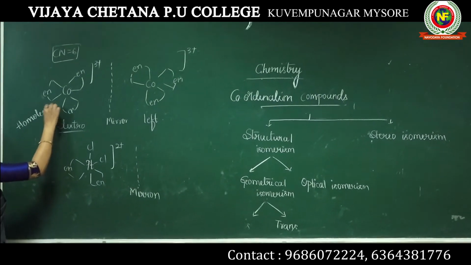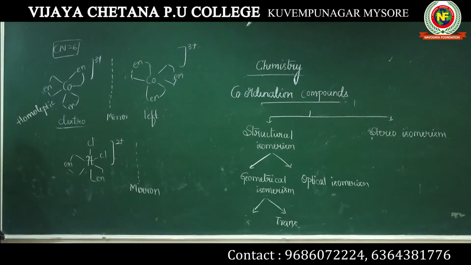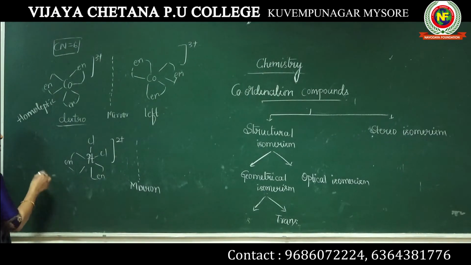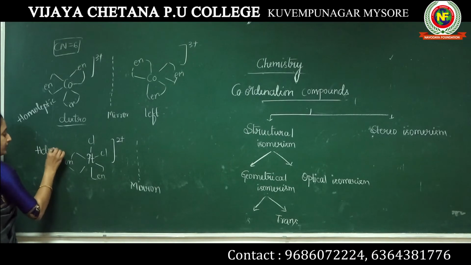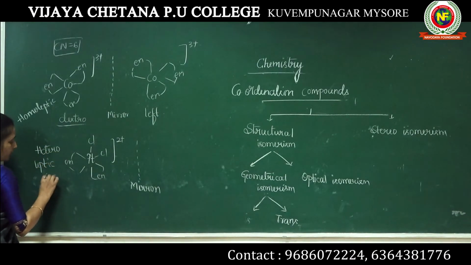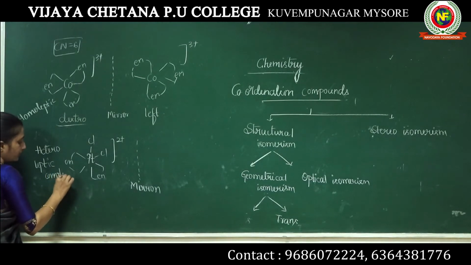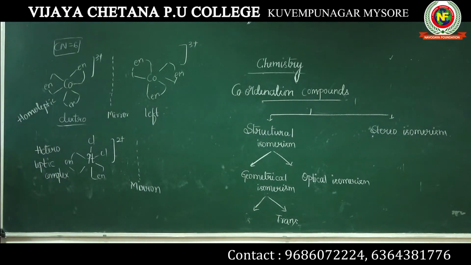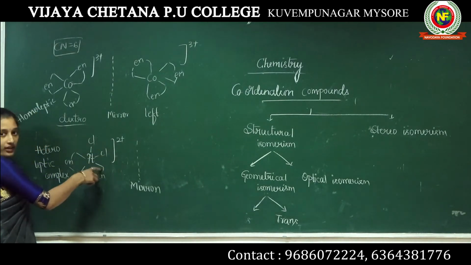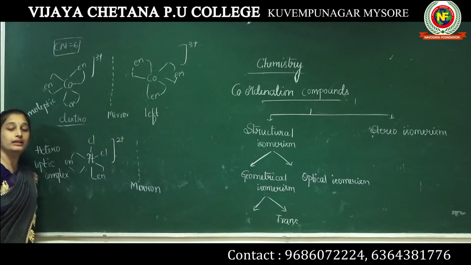Homoleptic complex means all the ligands are the same type of ligands. But this is not a homoleptic complex. This is a heteroleptic complex. Platinum is there, and around platinum, 2 chloride ions and 2 ethylenediamines.